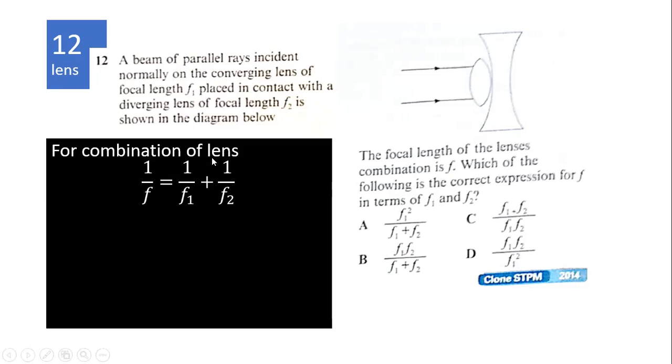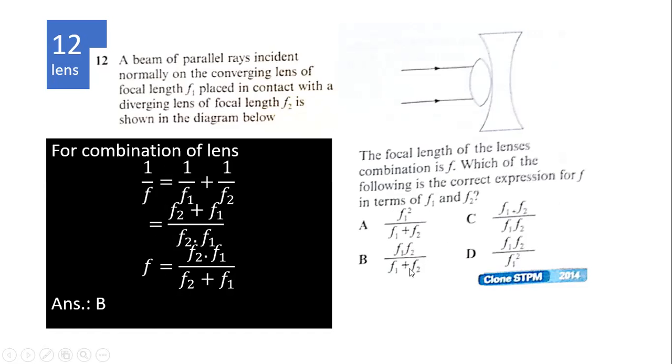I've derived for you this formula. And then you just work it out. Common denominator, f1 f2. Just f2 here, f1 here, add them up. Then you want f, invert it. This one goes on top, this term at the bottom there. Then see where is the answer.